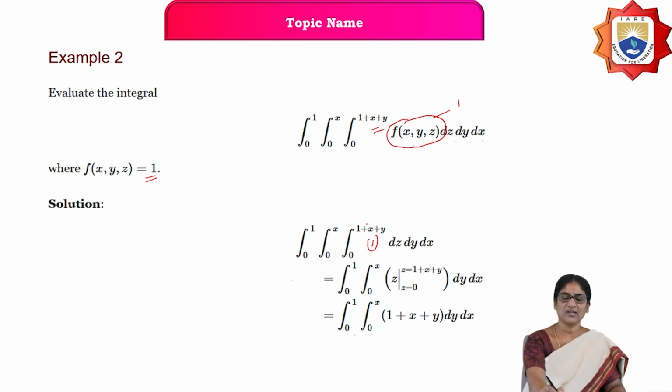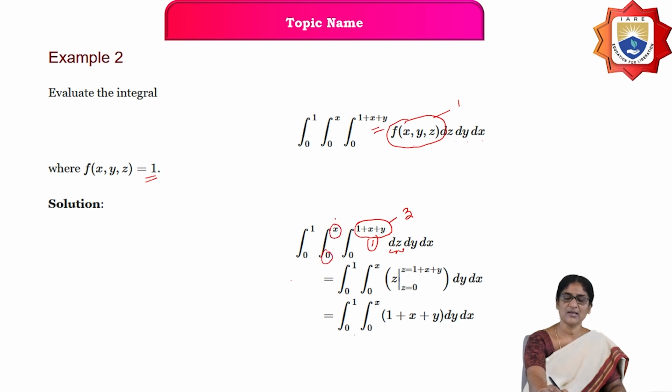Now, look at the limits. The limits are variable limits here. They are in terms of x and y, so they are the values of z. So which variable do we need to integrate first? We need to integrate first with z. Then the z variable gets converted in terms of x and y. After that, the second limits are given in terms of 0 and x.